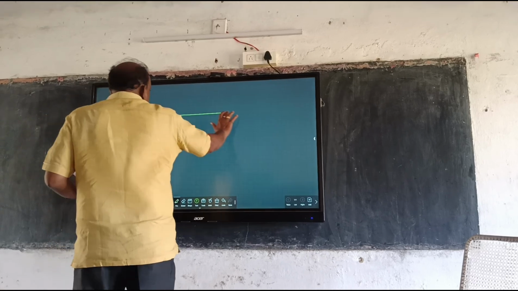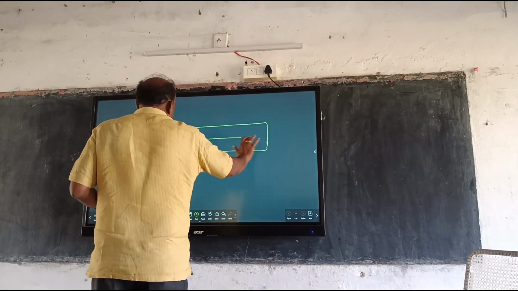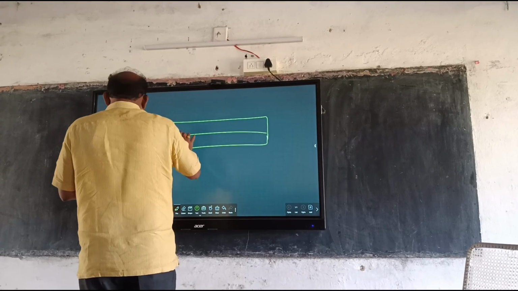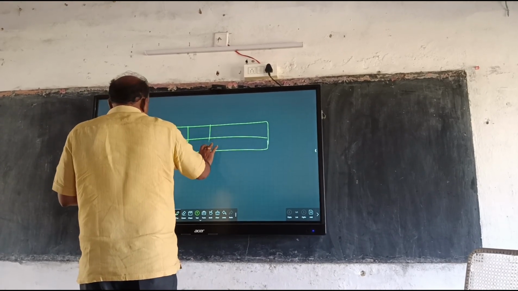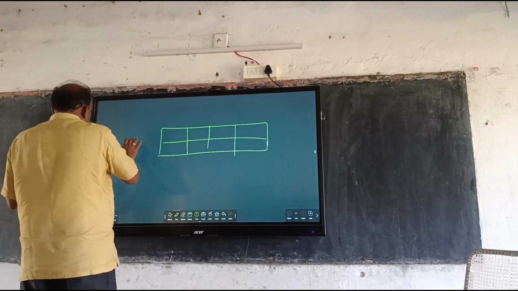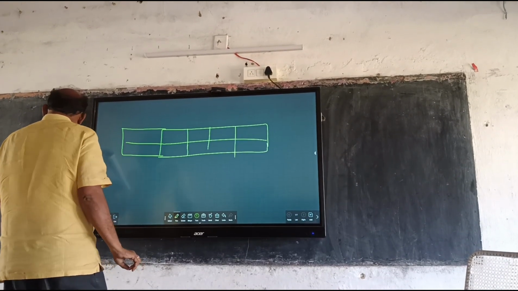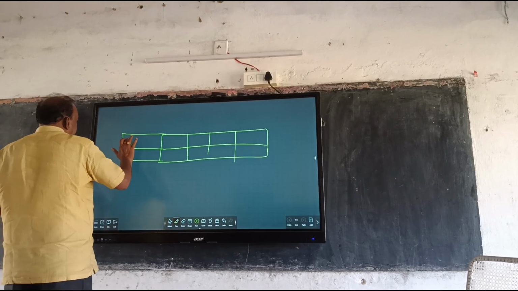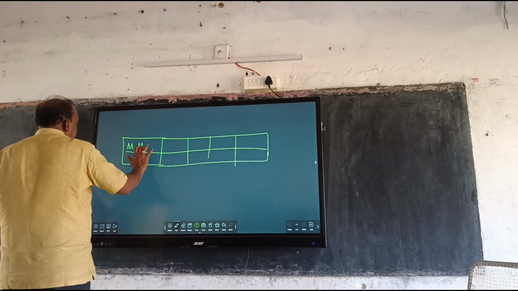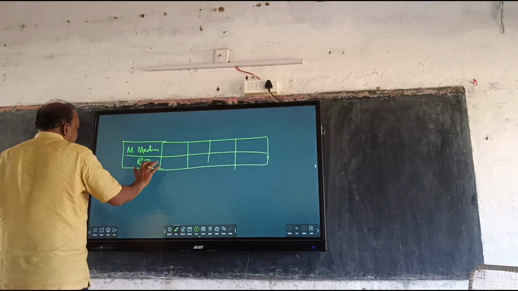Definitely these types of questions are asked in the examination. So here is the material medium, and this is the refractive index.